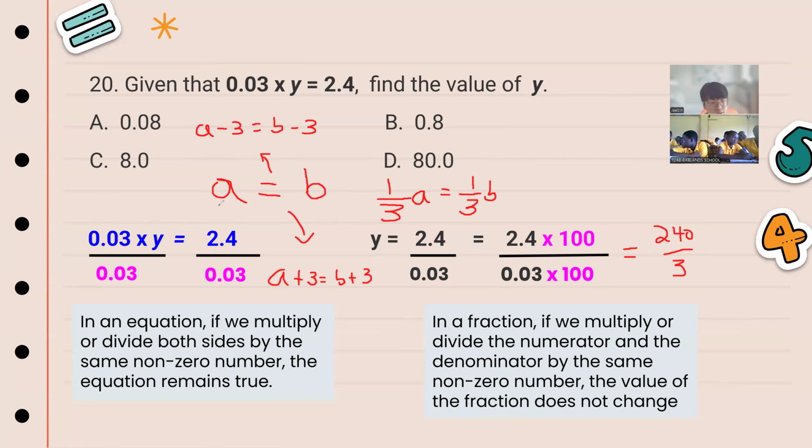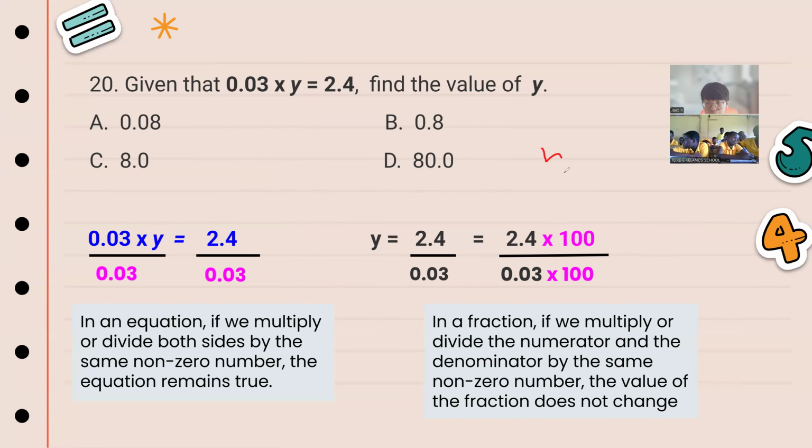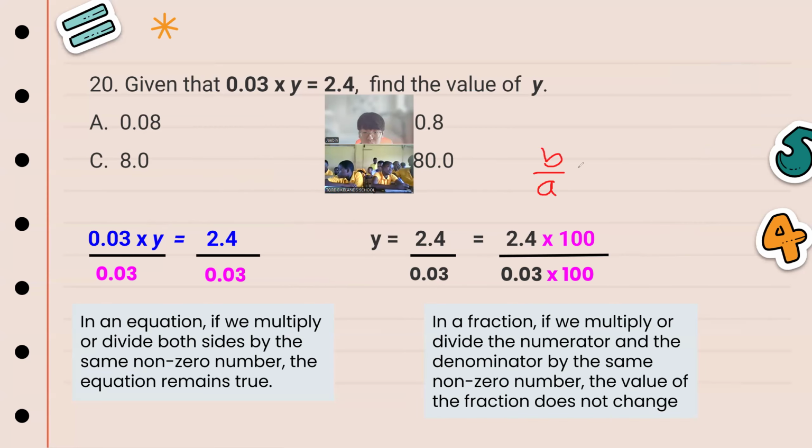Okay, so let's move on to the reasoning for why this is correct. If we have B over A, this fraction equals 2B over 2A, or 3B over 3A, or even 100B over 100A.